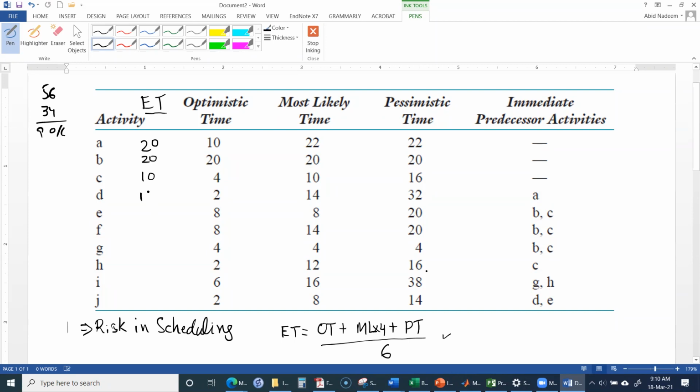So for activity D, it is 15. For activity E, it is 8, 8, 20, 32 plus 28, so it is 60. 60 divided by 6 is 10. And for activity F, it is 56.